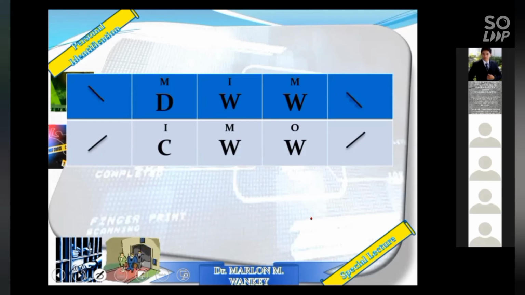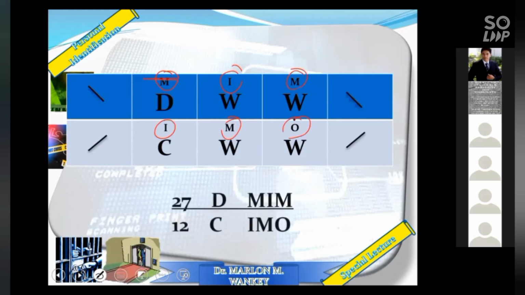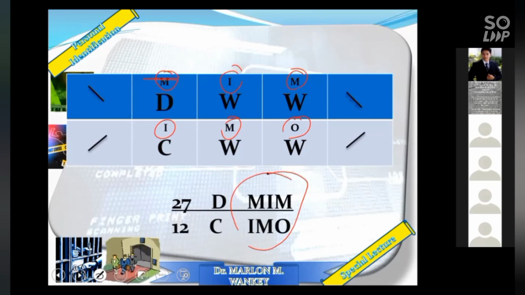Ano one? Ito yung index M, I, M, I, M, O. Iyan yung second subsecondary classification.